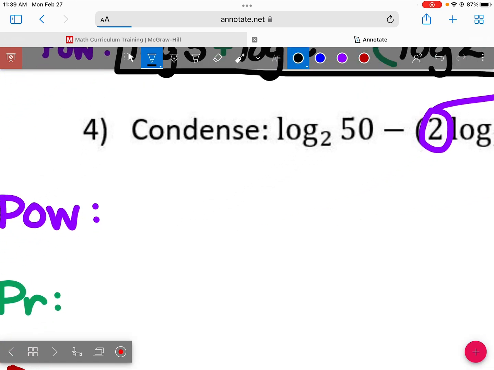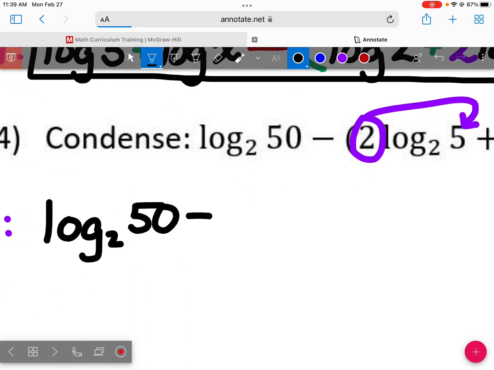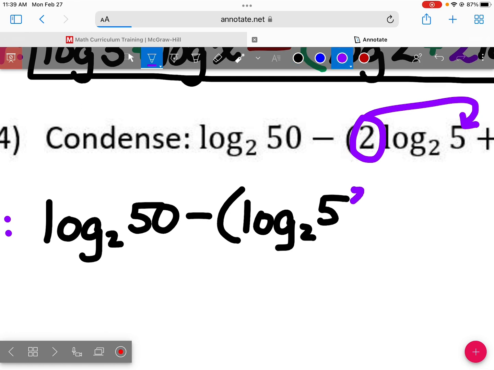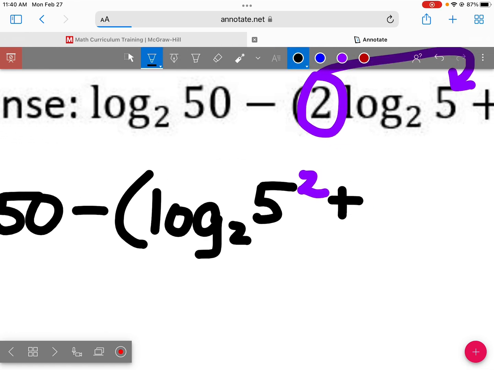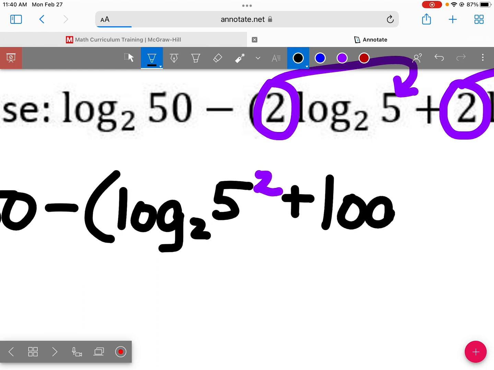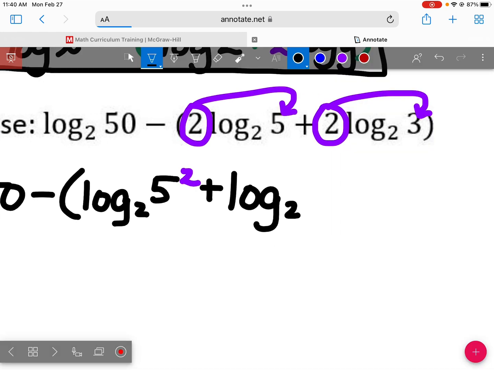So as I start to condense, I would have log base 2 of 50 minus, parentheses, log base 2 of 5 squared plus log base 2 of 3 squared.